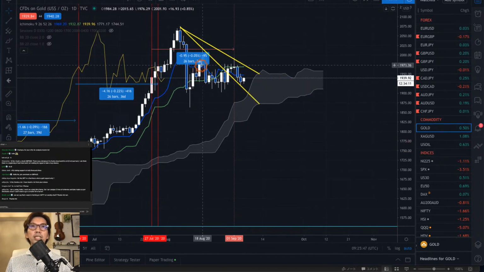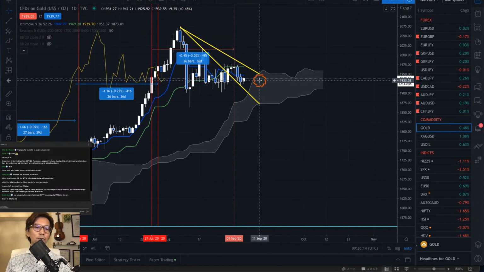It's been ranging basically after this spike down, and the market is heading towards the end of these forecast lines. The forecast lines end on the 11th of September. So there are 5 more trading days to reach that day.